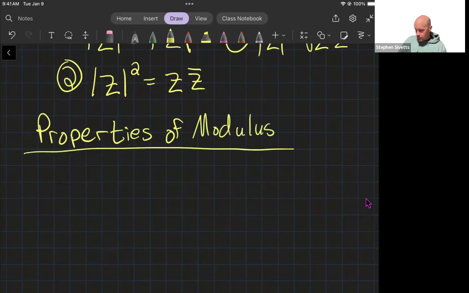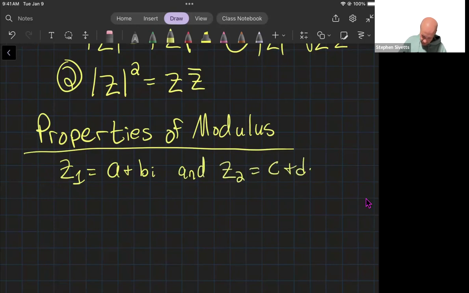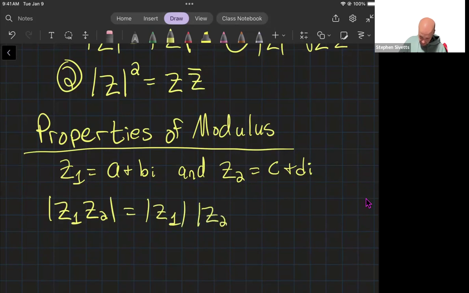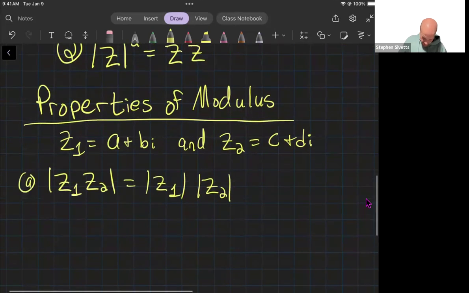If I have two complex numbers, let z1 equal a plus bi, and z2 equal another complex number, c plus di, then the modulus of z1 times z2 is equal to the modulus of z1 times the modulus of z2.